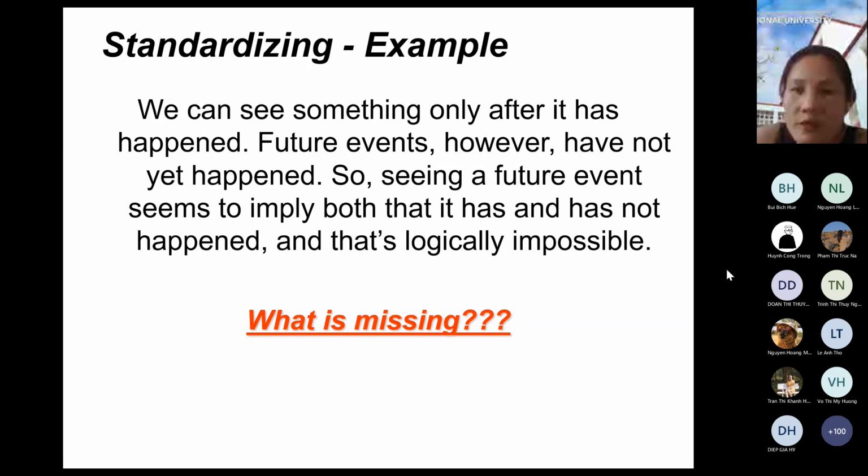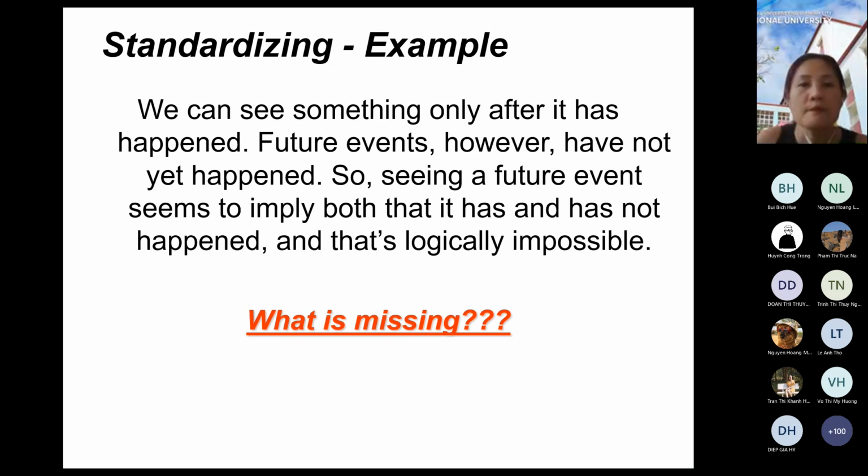So there must be something different. If the missing information is that it is impossible to see a future event, then the word that here is not seeing a future event. It must be something different. And that here means an event both to have happened and not to have happened. That is the answer from Bích Huệ.